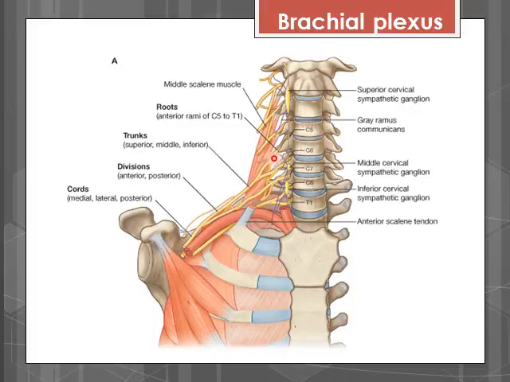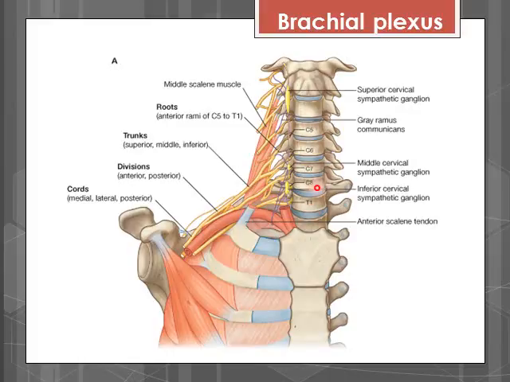The brachial plexus is a somatic plexus. It originates in the neck from the union of the primary ventral rami of the lower four cervical nerves and the first thoracic nerve.